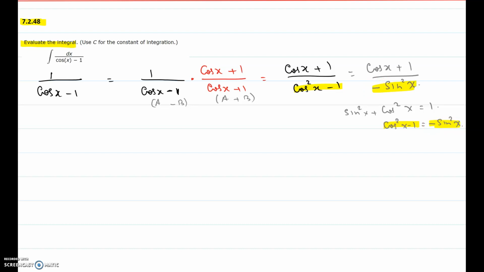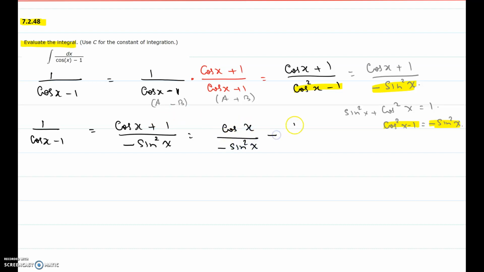So now we can write 1 over cosine x minus 1 as cosine x plus 1 over negative sine square x. If you break the expression into two parts, it's cosine x over negative sine square x, minus 1 over sine square x.